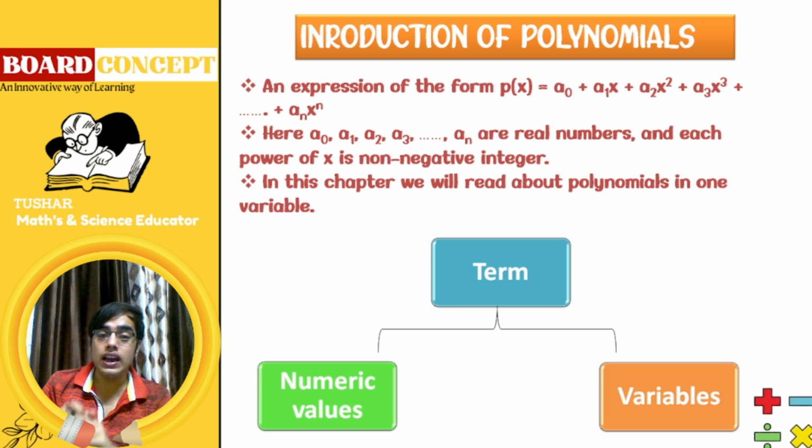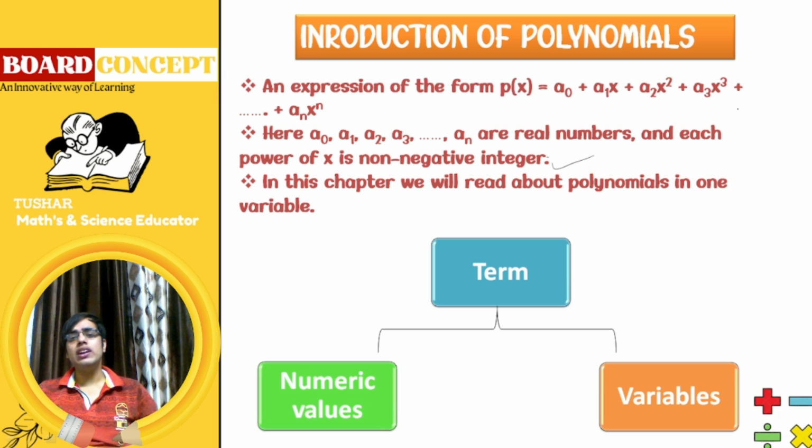It means that in a polynomial the power of any variable must be non-negative. Non-negative means it is never negative, never in decimal form, never in fractional form. It must always be a whole number. In this chapter we will study polynomials in one variable only.